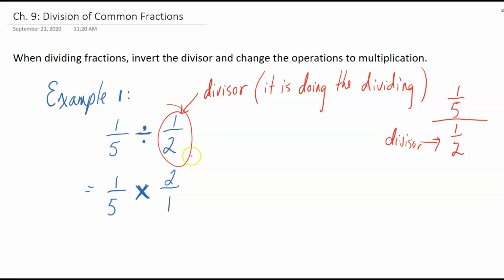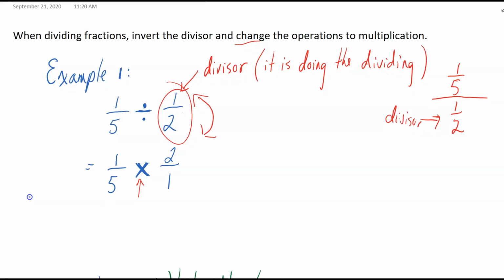It's always the second fraction after the division sign. So we invert, that means flip it over, exchange the positions of the numerator and the denominator, and change the operation to multiplication. And then we just multiply as we did in the last unit.